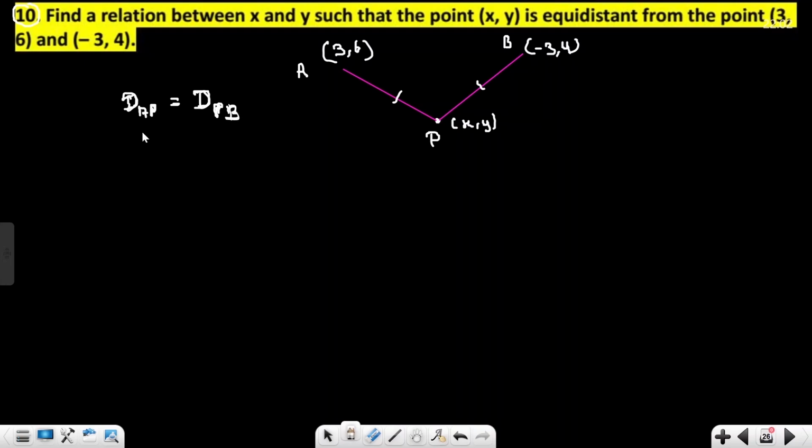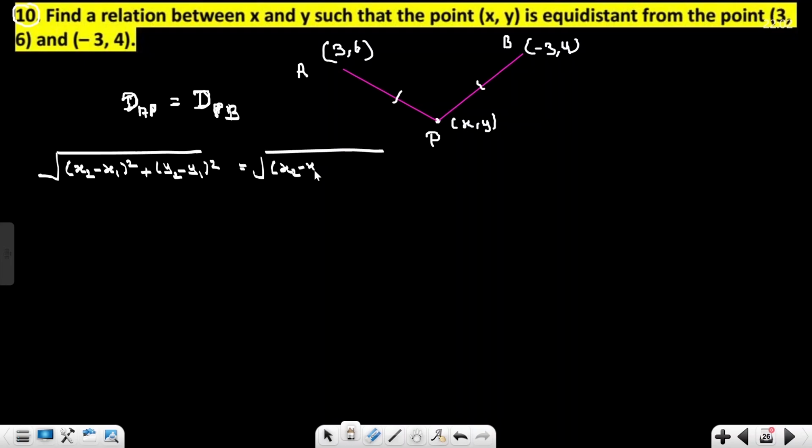Okay, so write the distance formula: root of x2 minus x1 square plus y2 minus y1 square is equal to, again write the formula, root of x2 minus x1 square plus y2 minus y1 square.